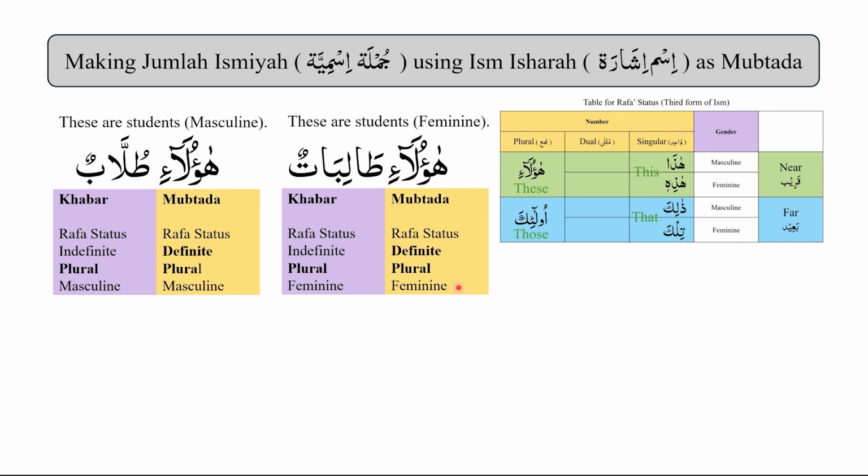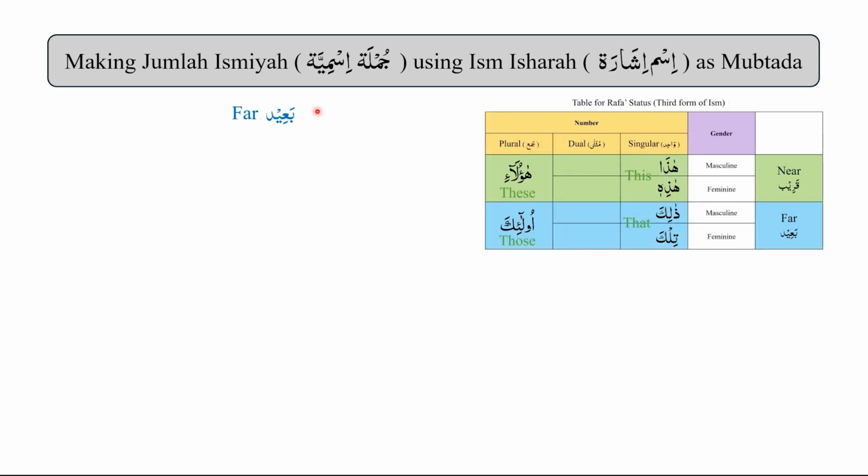So for plural demonstrative pronouns, whether masculine or feminine, the particular demonstrative pronoun will be the same: for near, it is هؤلاء, and for far, it will be أولئك. Next, we will study examples of demonstrative pronouns that are used to point towards objects or people that are far.